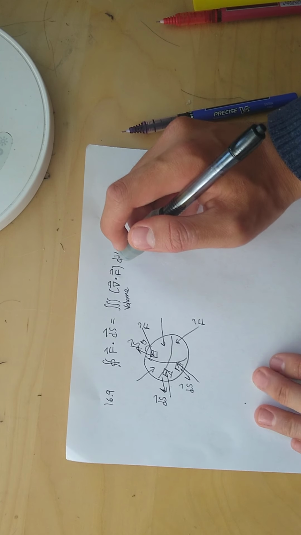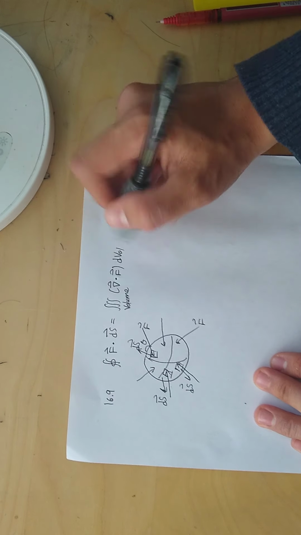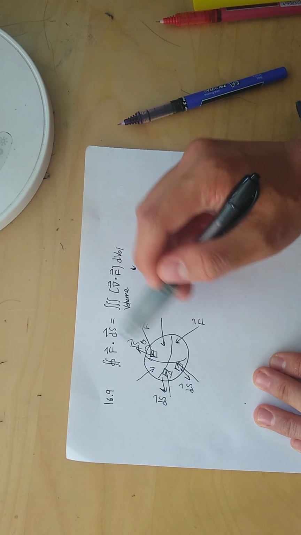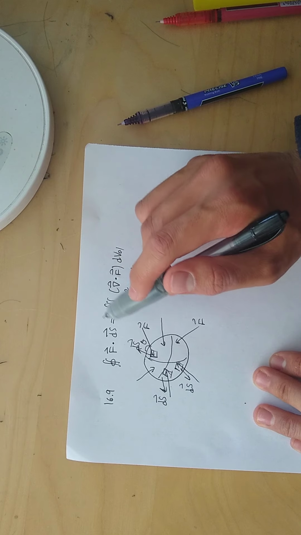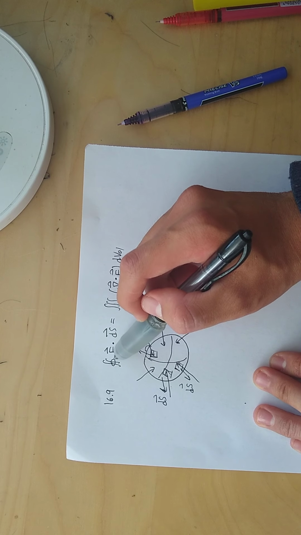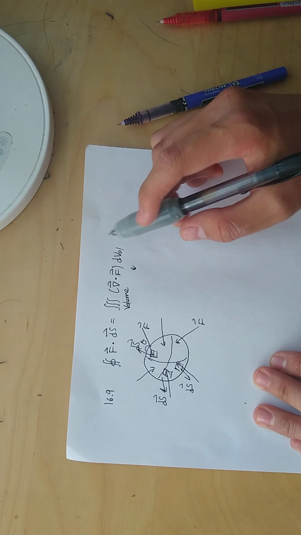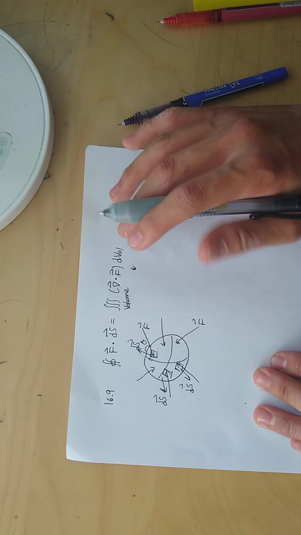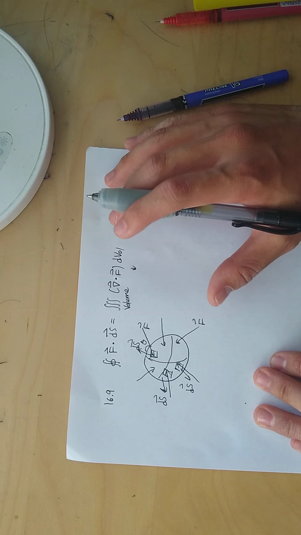So, this theorem can only be used in certain situations. Notice the closed loop integral sign. When you use the divergence theorem, it can only be for a closed surface.